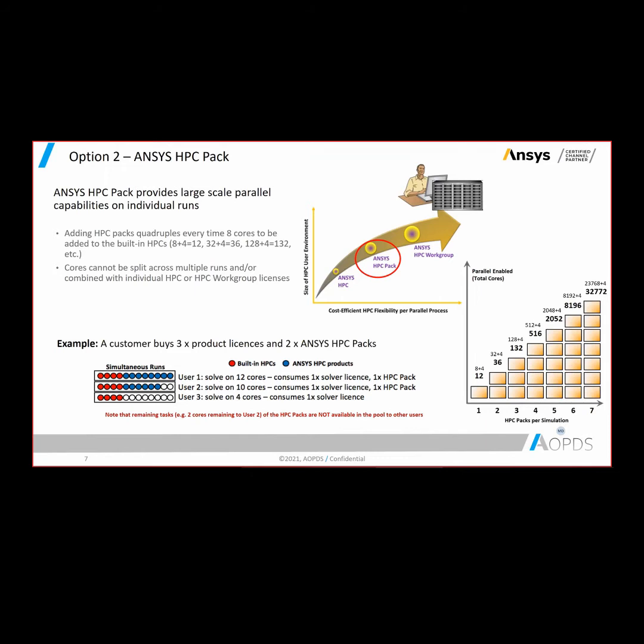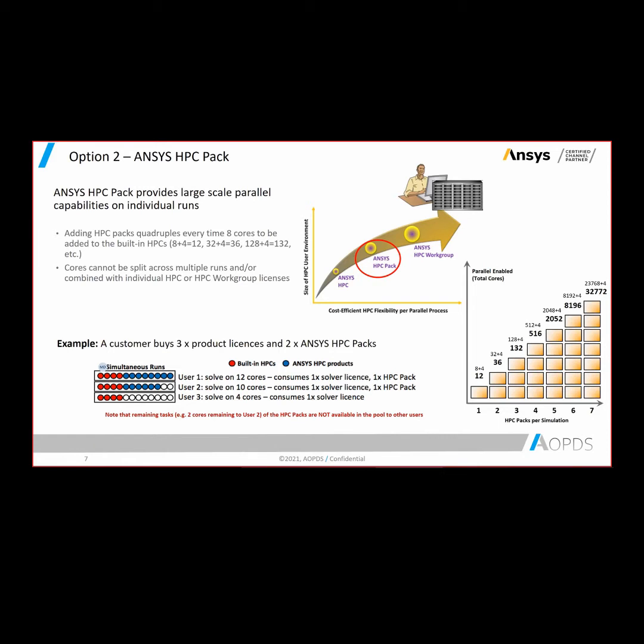For example, by using 1 HPC Pack, the total number of cores that you can use will be 4 plus 8, so the total will be 12 cores. And if using 2 HPC Packs, the total number will be 4 plus 32, equal to 36 cores. But the cores cannot be split across multiple runs or combined with individual HPC or HPC Workgroup licenses.